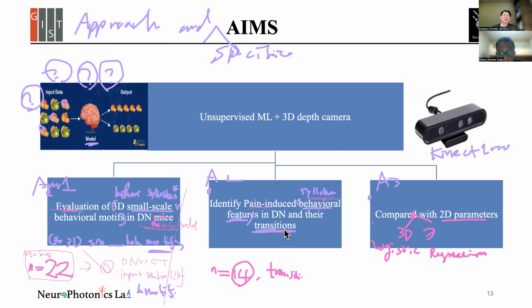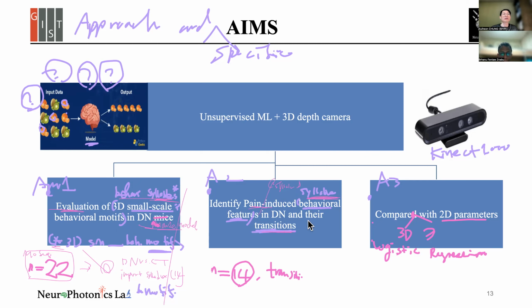So you identify, actually this is kind of coming here, identify pain-induced syllables. Behavior feature, I think you want to put here in parentheses, syllable. And this is too much. I think here you put behavioral syllables so that people can see syllables over and over, because this is an important concept, and you explain what the syllables are and how they are defined.